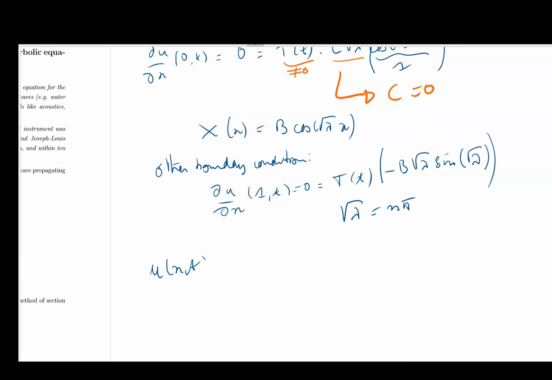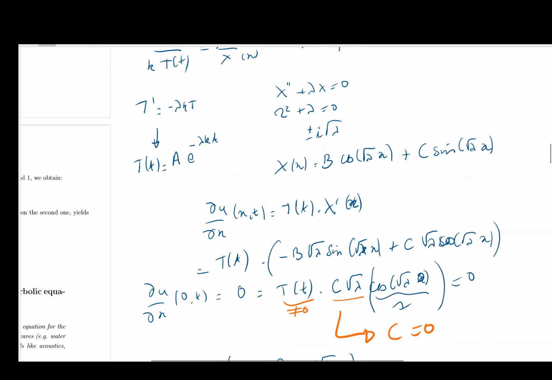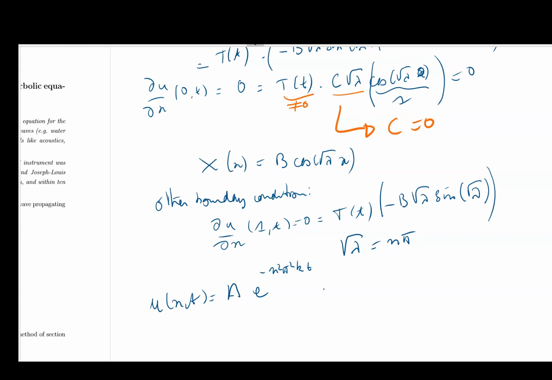U of x,t is equal to a e to the negative n squared pi squared k t times, I only have my b non-zero, so b cosine of n pi x. Okay, so very similar as before, except that I kept the cosine part and not the sine part.